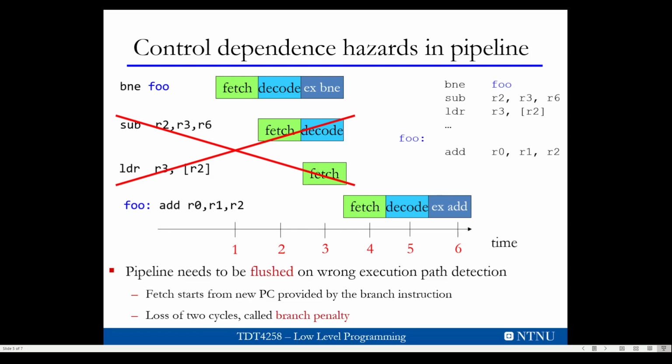This kind of thing results in performance degradation, and how much depends upon how many cycles it takes from fetch to execute of the branch instruction, because when the branch instruction executes, that's when we know the correct execution path. In this case, we flushed the work done in 2 cycles, so we say our branch penalty is 2 cycles.